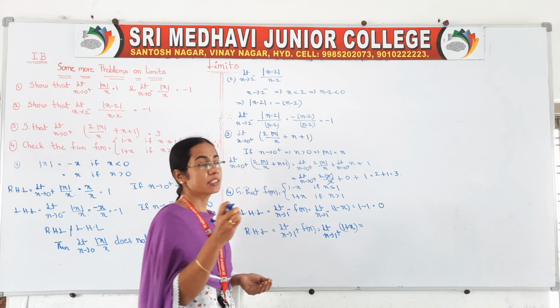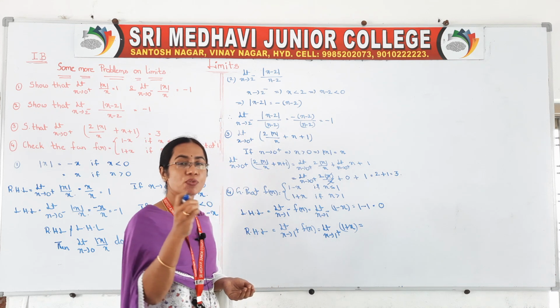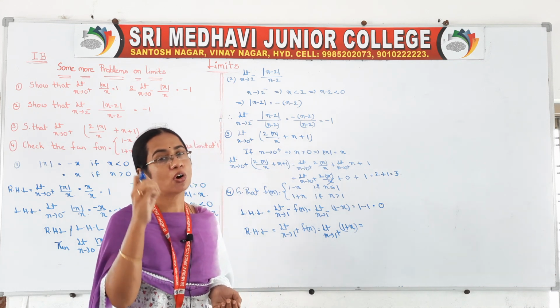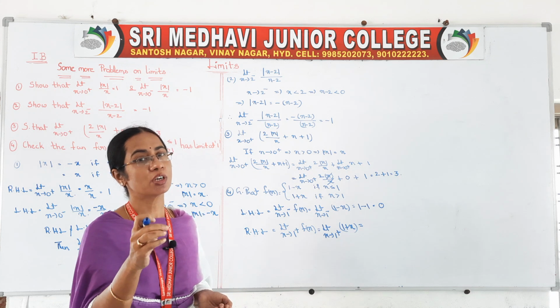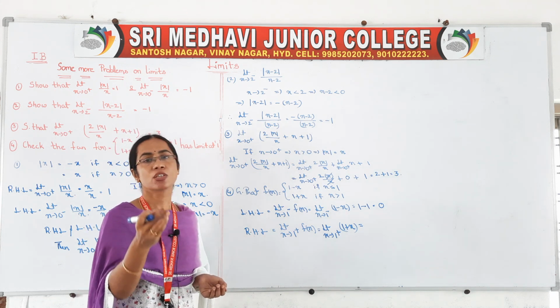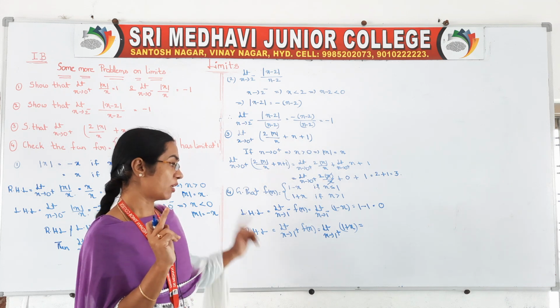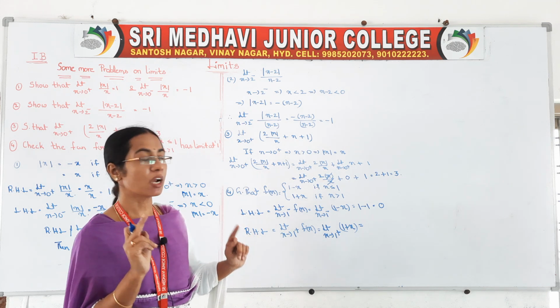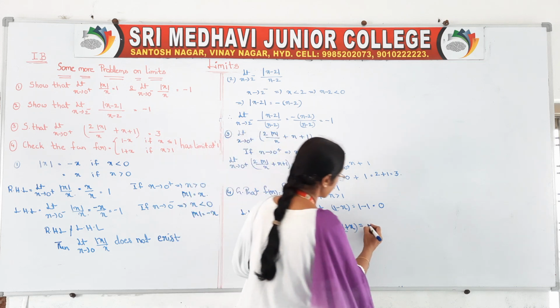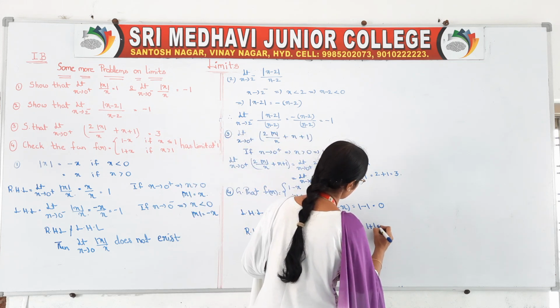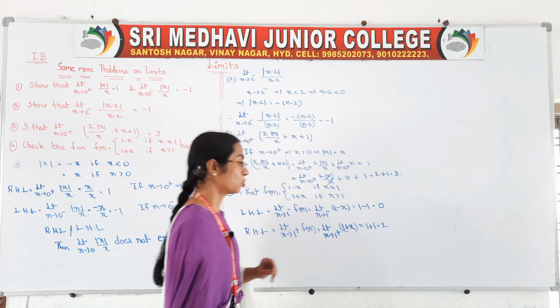Why? Because this 1 plus means 1 plus a very small value, a minute value, 0.0000 something, which is negligible, and its value is equal to 1 only. So in x place we have to substitute 1, right. So it is 1 plus 1 is equal to 2.